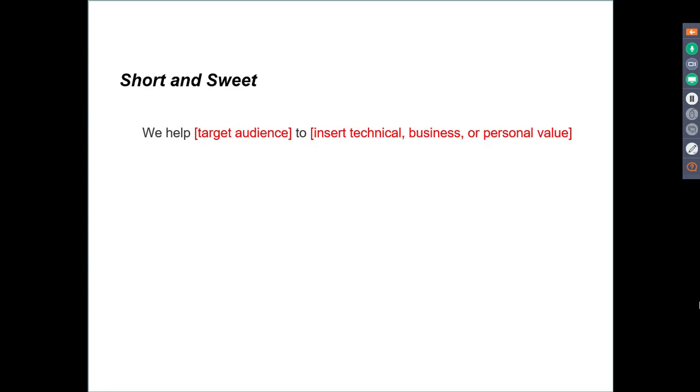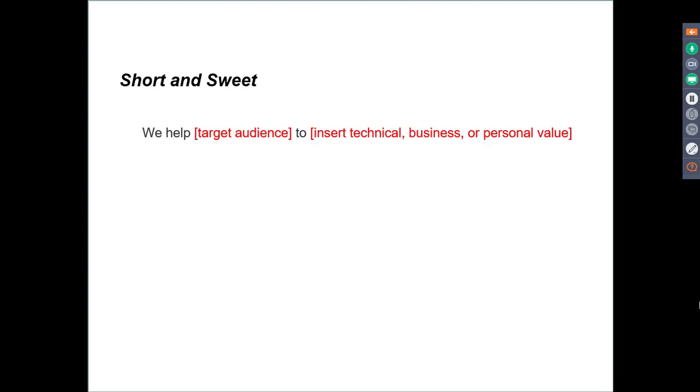Target audience means who you're talking to, whether it's who you're calling or emailing. This could either be businesses, like we help businesses, or it could be we help business owners, we help small businesses. It can either be a type of organization, meaning businesses, small businesses.